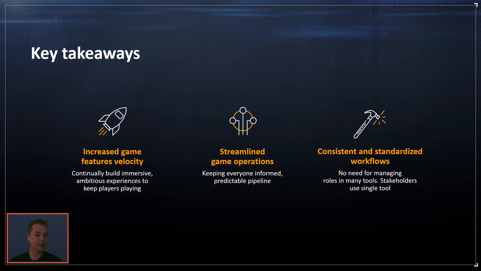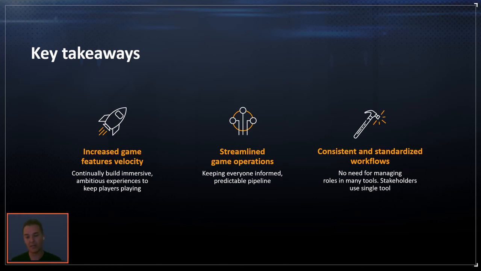So, the key takeaways: we showed you how to use CI/CD to increase the game feature velocity. We also showed you how we streamline the game operation. Think about all the stations that we demonstrated, from the time that the developer finished all the way to the part where a player actually played the game.